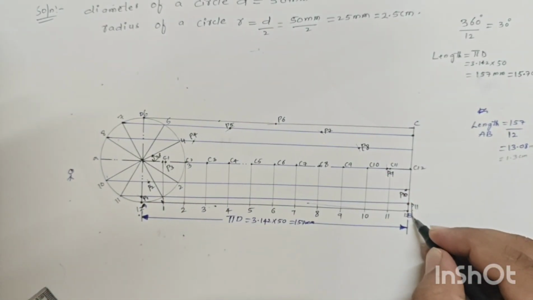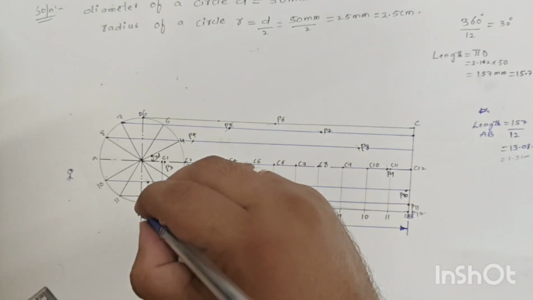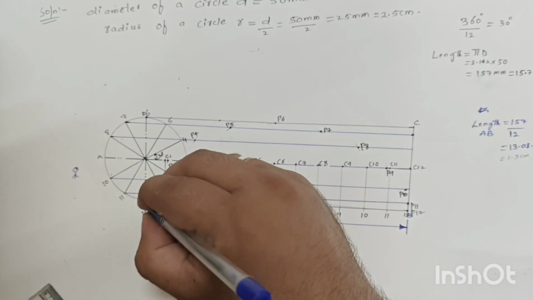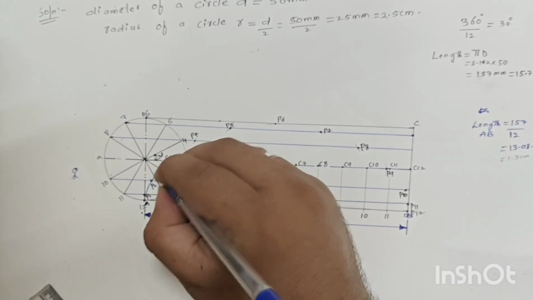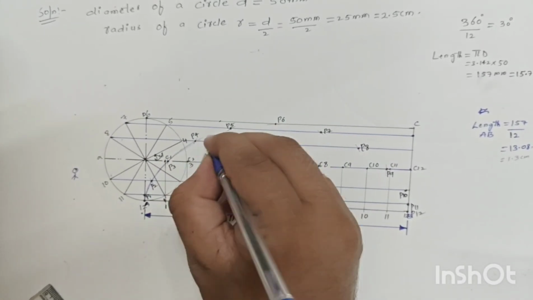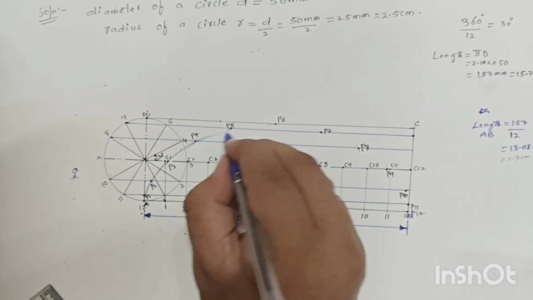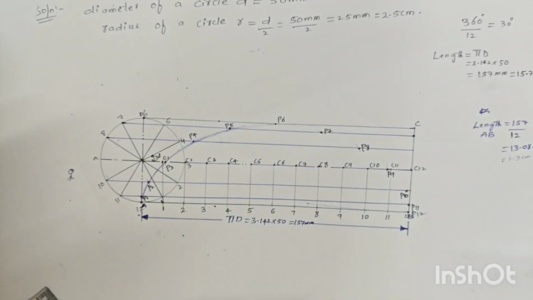It should be P12. Just we need to join the points. Is it right? From A to P1, P1 to P2, P2 to P3, P3 to P4, P4 to P5, P5 to P6. I will use another pen.